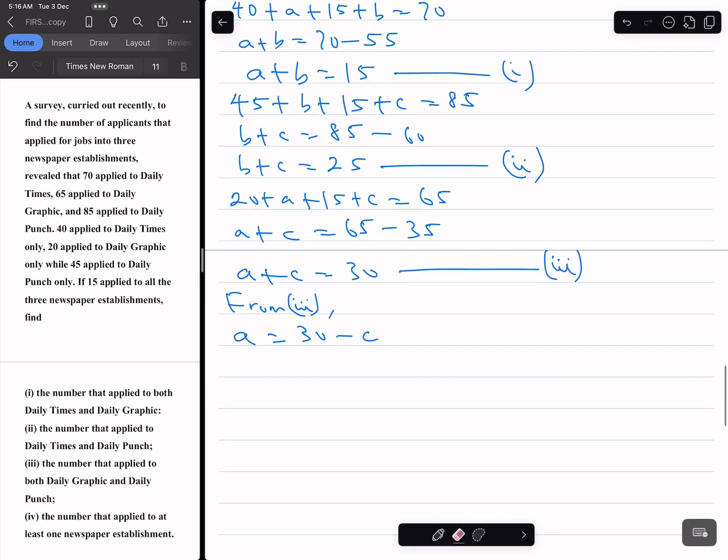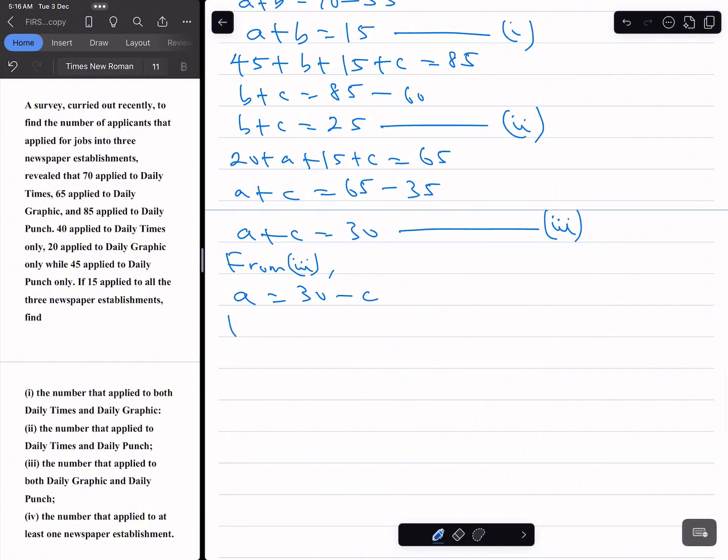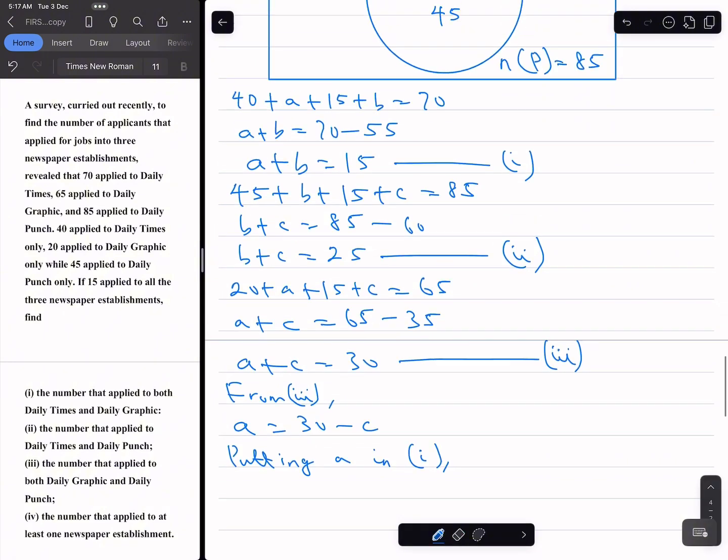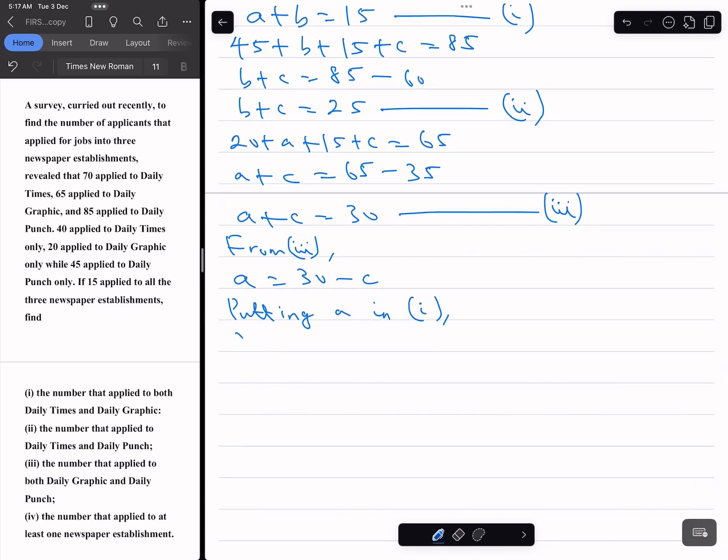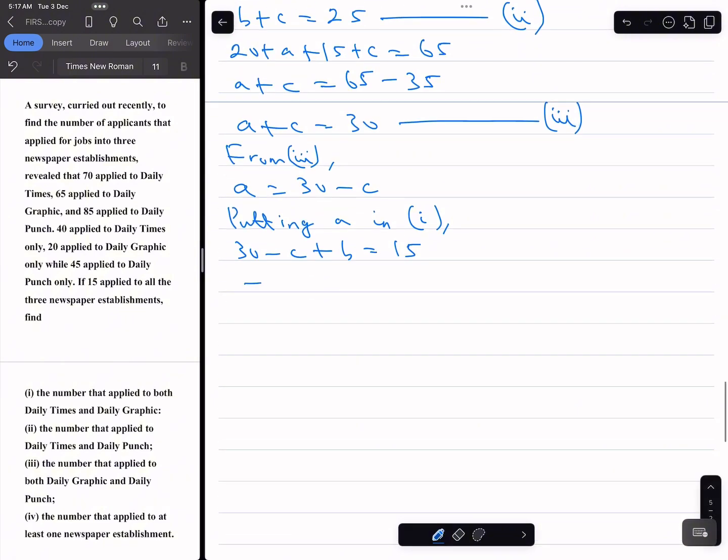If I put A in equation 1, which is A plus B equals 15, that means 30 minus C plus B equals 15. And that simply means minus C plus B equals 15 minus 30. I can write minus C plus B as B minus C equals 15 minus 30, which is minus 15.